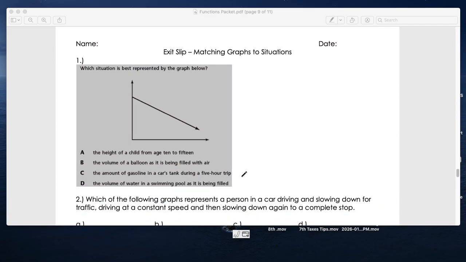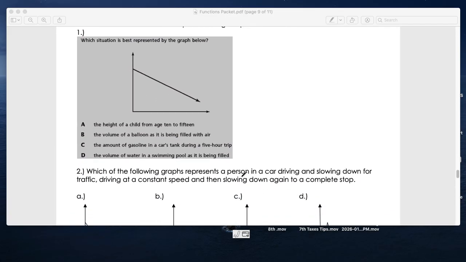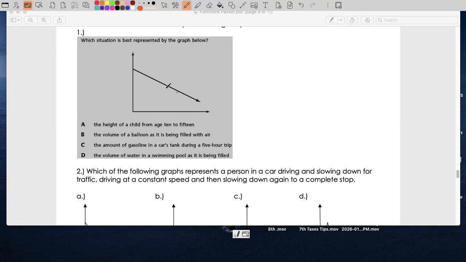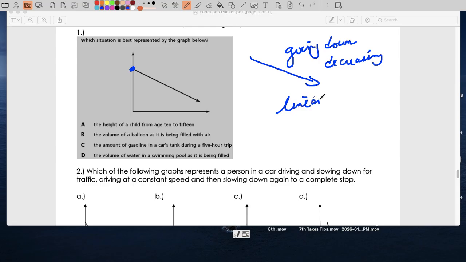Okay. Which situation is best represented by the graph below? So we have something that has something in it, and then it starts decreasing over time. So again, going down, let me just interpret this, means decreasing. It's linear because it's a straight line, which means it decreases. What does that mean?